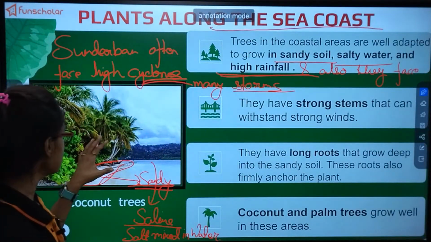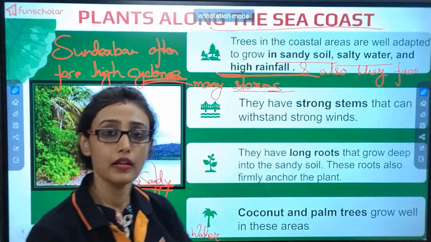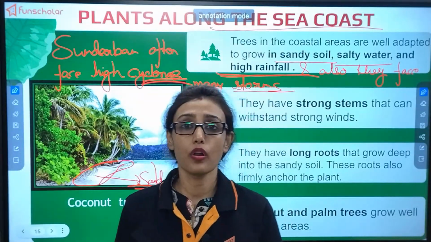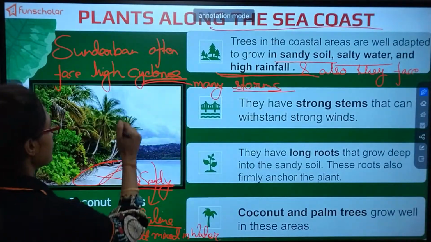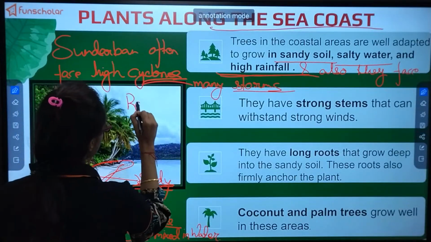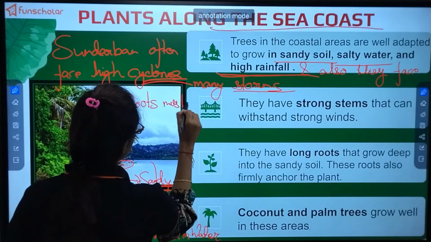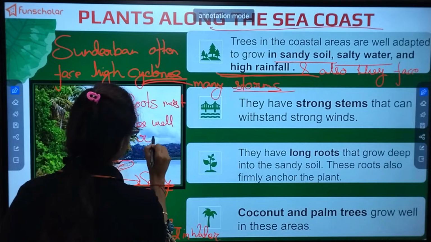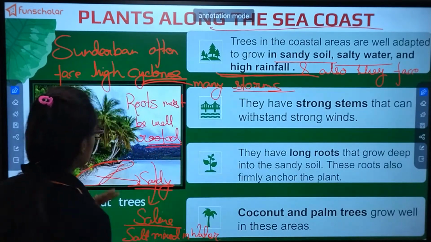So, what happens if the root system is not very deep? They won't be able to hold the soil for a prolonged time. So here the roots must be well rooted, right?